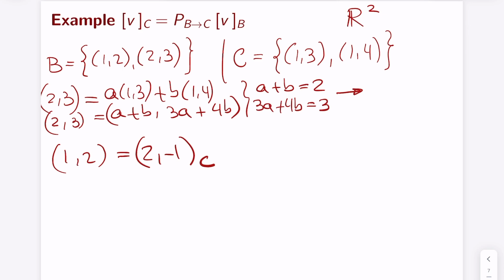And we'll get here that A is equal to 5 and B is equal to minus 3. So check the solution of the system here.